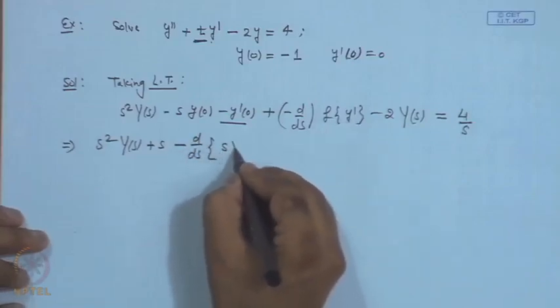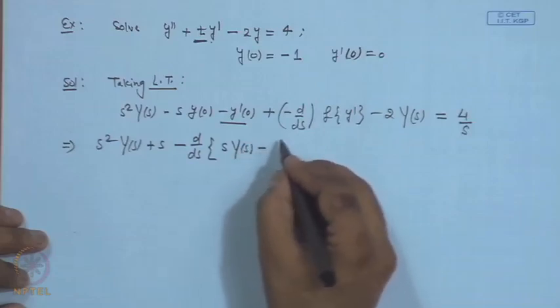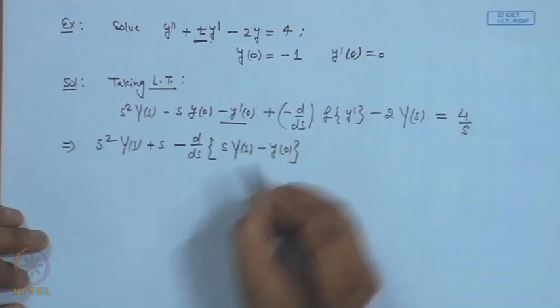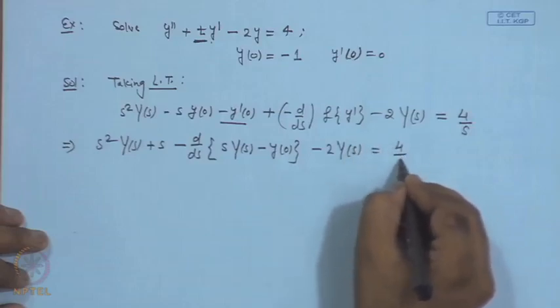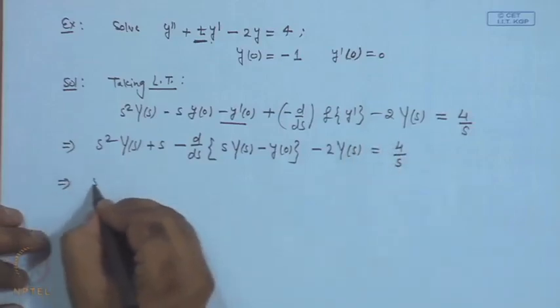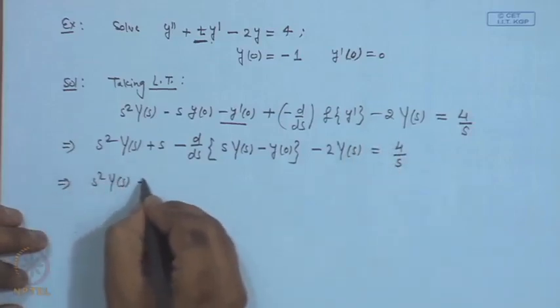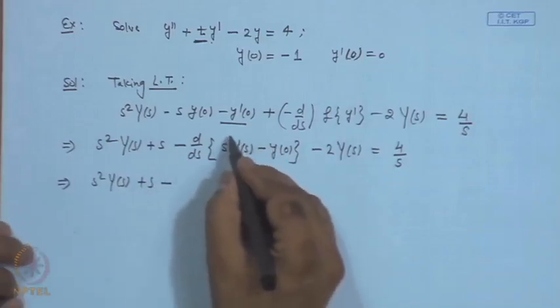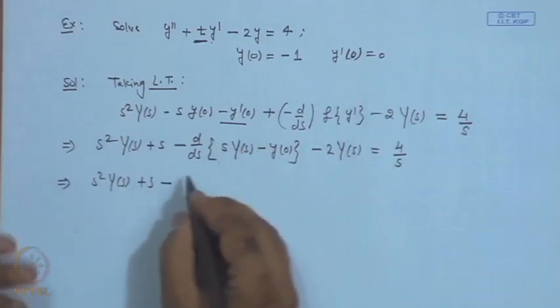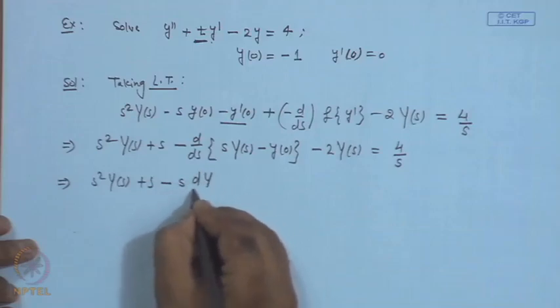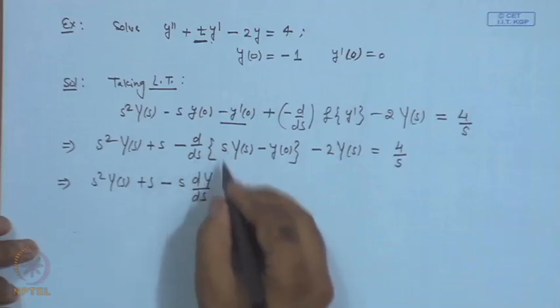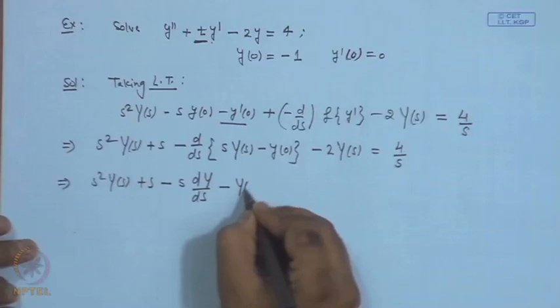That is s Y(s) minus y(0) by the derivative theorem, minus 2 Y(s) equals 4 over s. So, s square Y(s) plus s minus, we differentiate here, it is a product. So, d over d s we will get s dY over d s and we will get minus Y(s).